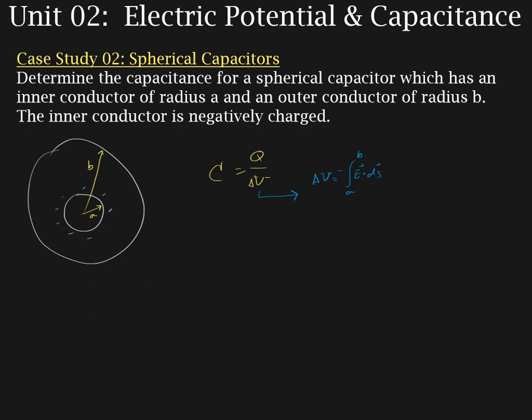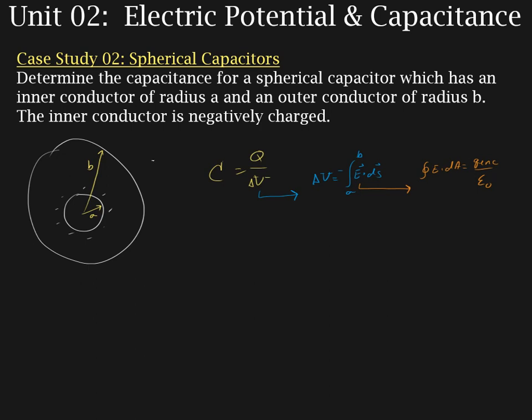And E still is not known as a function of position, so we have to find E using Gauss's law. So we use the integral of E dot dA is equal to Q enclosed over epsilon naught.